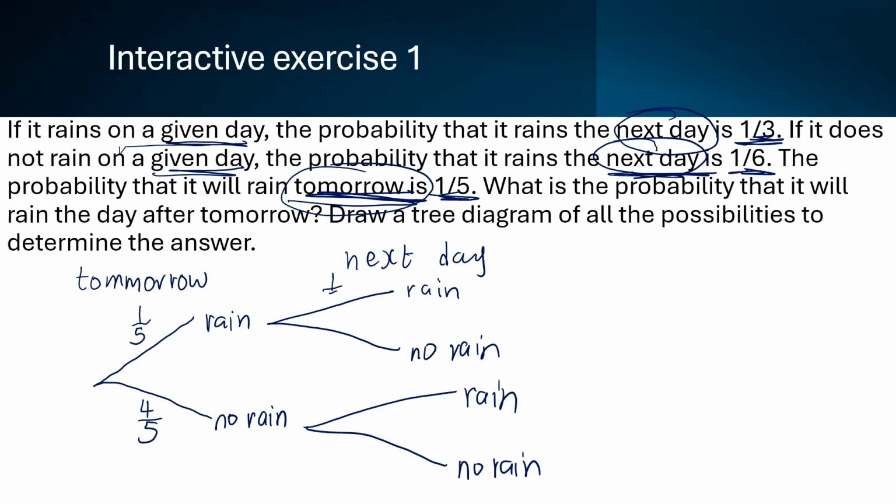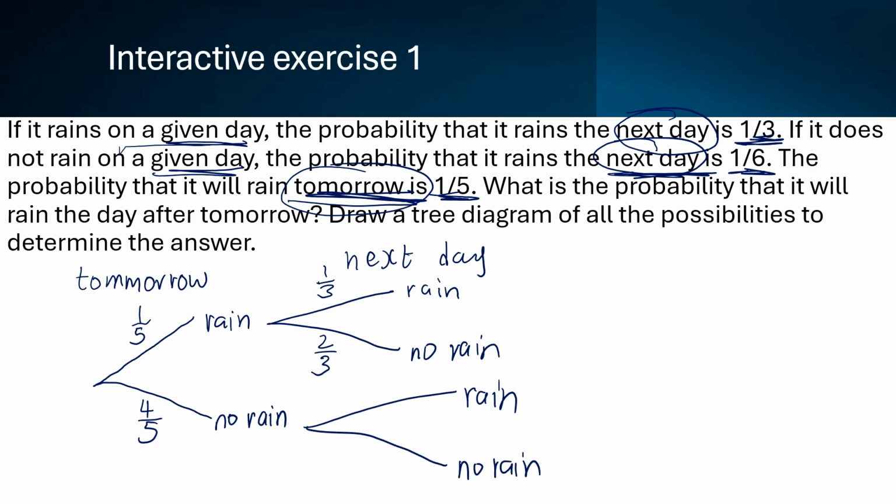So this one of rain is 1/3. Then we can also get the answer for this because their sum must be 1. So we say 1 minus 1/3, then you get 2/3.